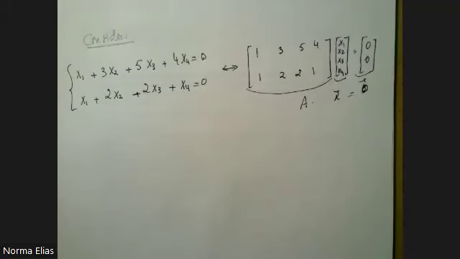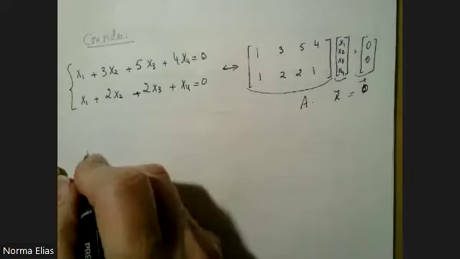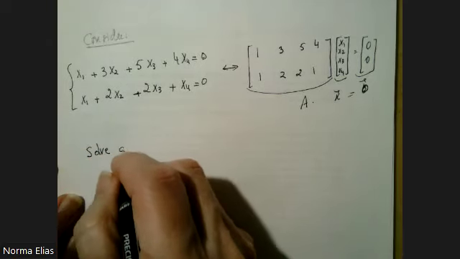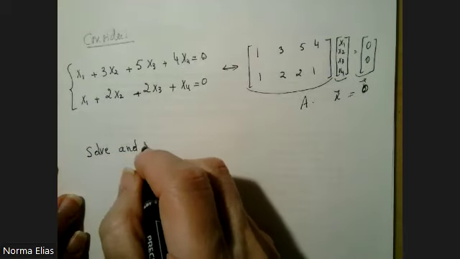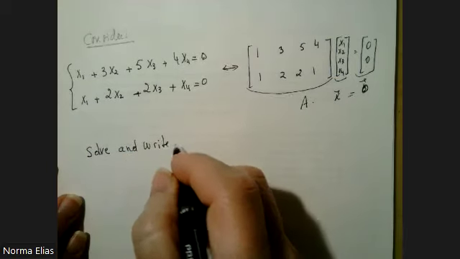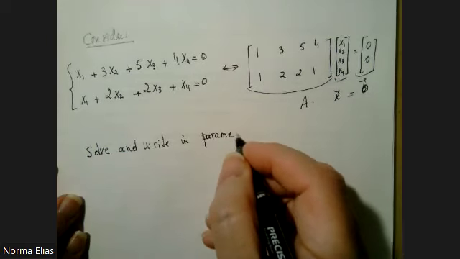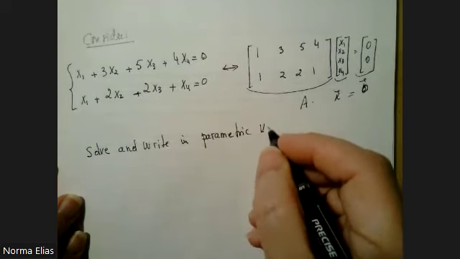All right, so let us solve. As I did before, step 1, I'm going to solve. Step 2, I'm going to write it in parametric vector form. So I'm going to write the following: solve the system and write in parametric vector form.